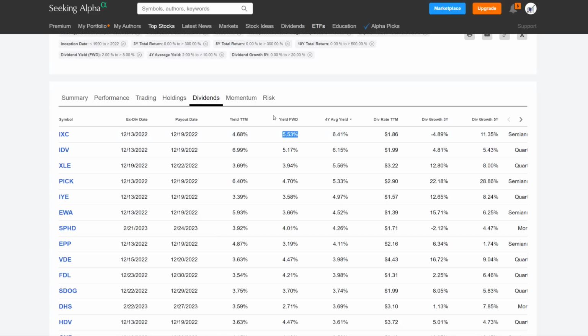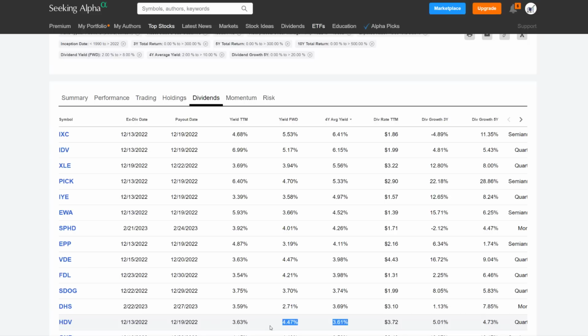Now, if the forward yield is higher than the 4-year average, conversely, you could assume, based off of historical data here, which is never a guarantee of future results, that I'm getting in at a fairer valuation. Okay, so that's something to consider.